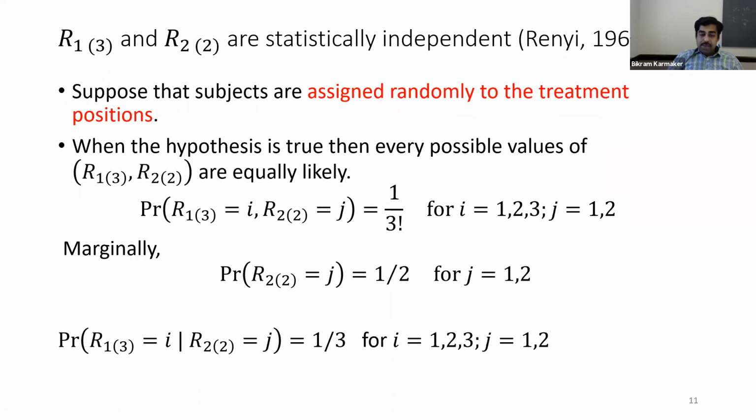Okay. So in this one slide and in these few calculations, I have assumed that you have randomly assigned everyone to the treatment positions, and I have concluded that you have two comparisons, two partial ranks, which are independent of one another.